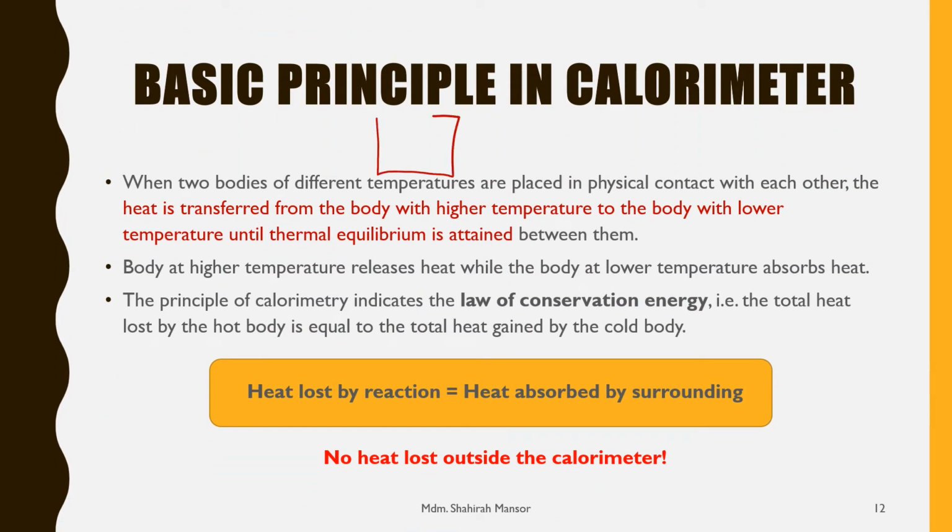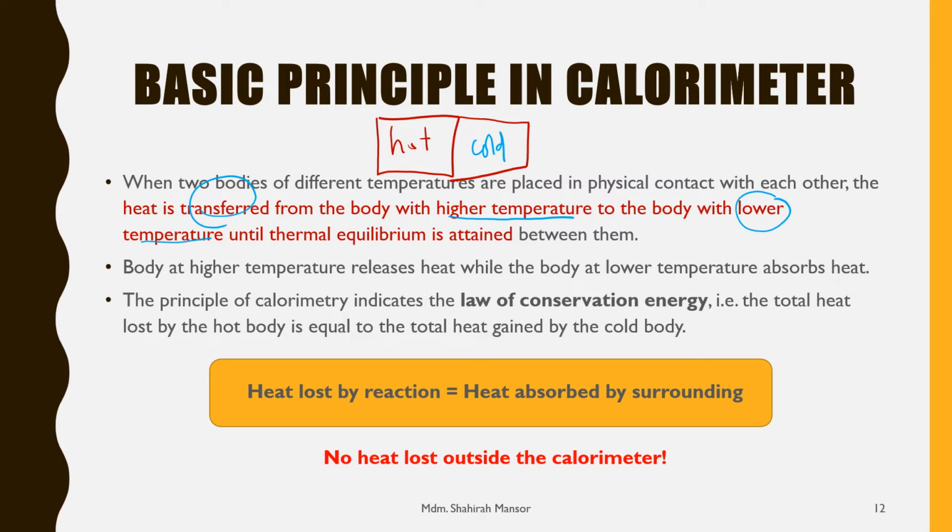When two bodies of different temperatures are placed in physical contact to each other, the heat is transferred from the body with high temperature to the body with lower temperature until thermal equilibrium is attained between them. Maksudnya di sini adalah sekiranya kita meletakkan satu bekas yang mengandungi bahan yang panas bersebelahan dengan bahan yang sejuk.